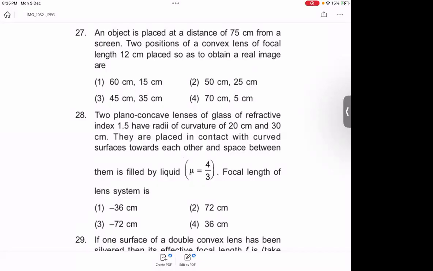So what is the distance between the object and the real image? It is given as 75 centimeter, right? What is the position of the convex lens of focal length 12 centimeter placed so as to obtain a real image?